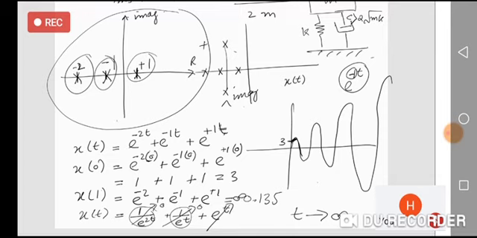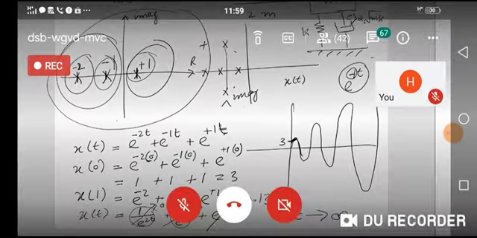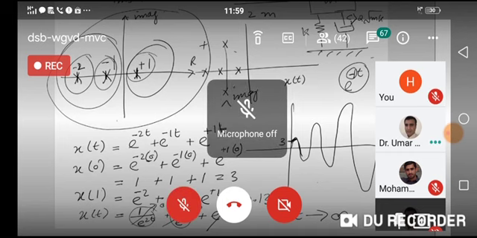So as the time progresses, the system response is totally controlled by the unstable pole, and the effect of the stable poles gets neglected or approaches to zero. समझ आ रही इस बात की? Yes, sir. Yes, sir.